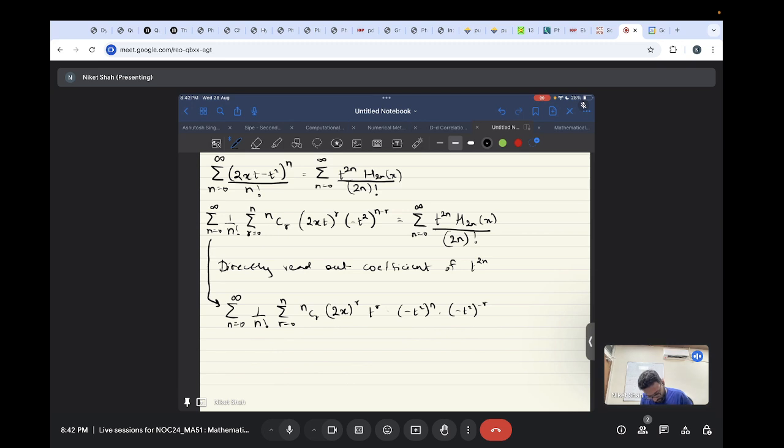The minus sign isn't something to be bothered about. N can be odd or even, we don't know.